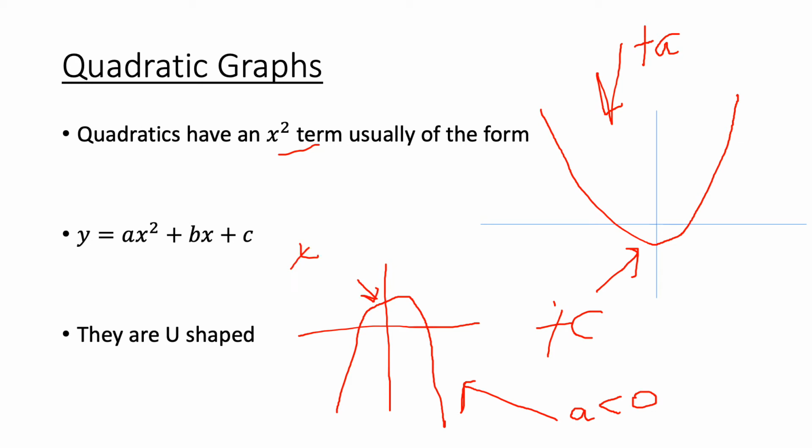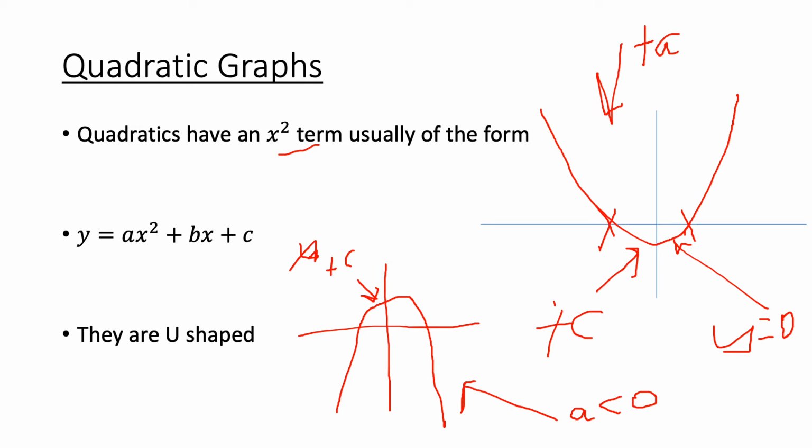And a few other points to mention, guys. Where the quadratic crosses on the x-axis, that is when you solve the equation. Where it crosses on the x-axis, y is equal to 0. I've seen a lot of questions on past papers where it says solve the equation ax squared plus bx plus c equals 0.